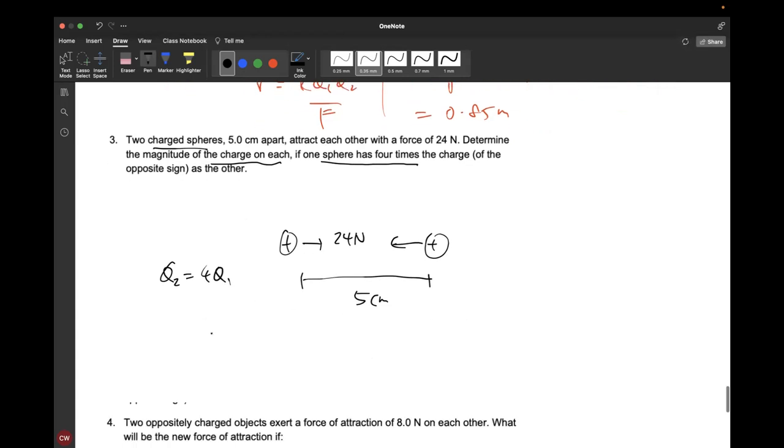Can you find? No, try not. Try it. Find Q1 and Q2 by using this formula, K Q1 Q2 over R squared.